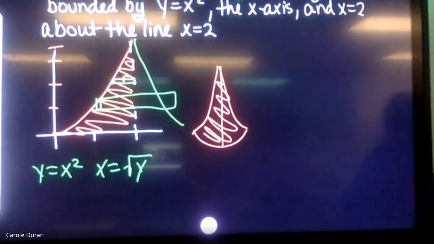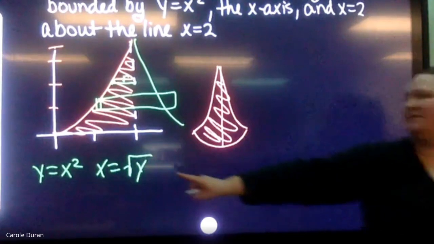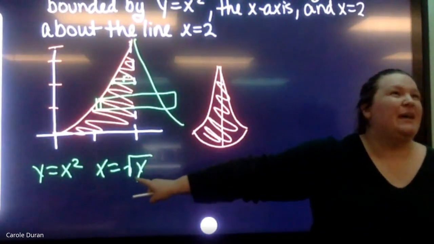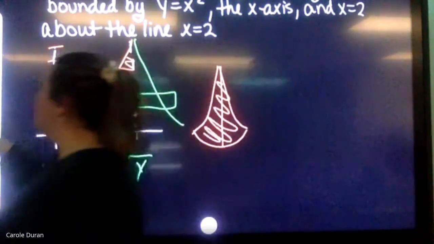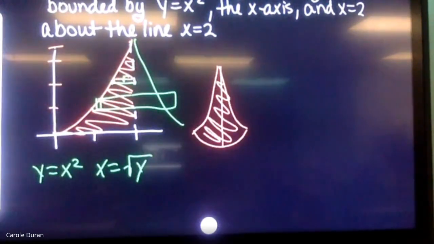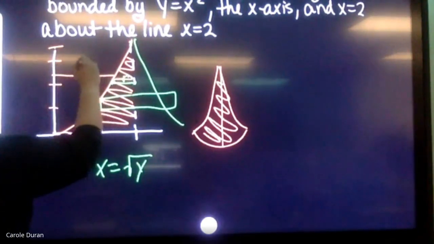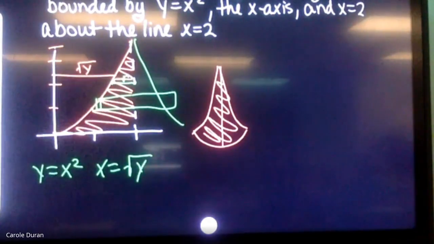How do I find that radius? 2 minus the square root of y. We recognize that the square root of y gives me the length from the y-axis to the outside of my curve for any given x value.